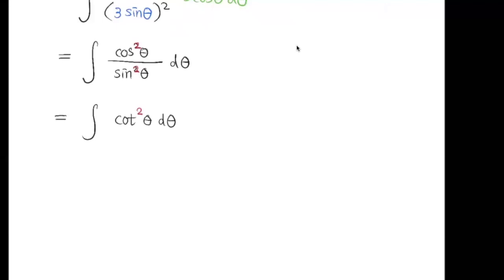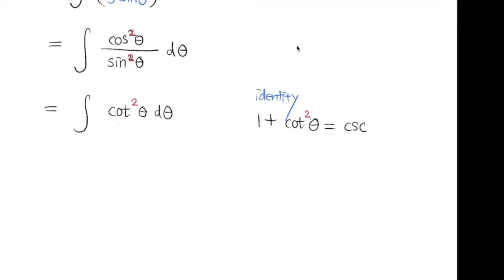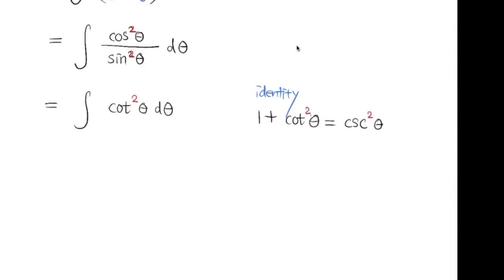Now someone will say, what is the antiderivative of cotangent squared? We don't have a formula, right? But we do know cotangent is related to cosecant. Remember this trig identity: 1 plus cotangent squared is equal to cosecant squared, just like 1 plus tangent squared equals secant squared.